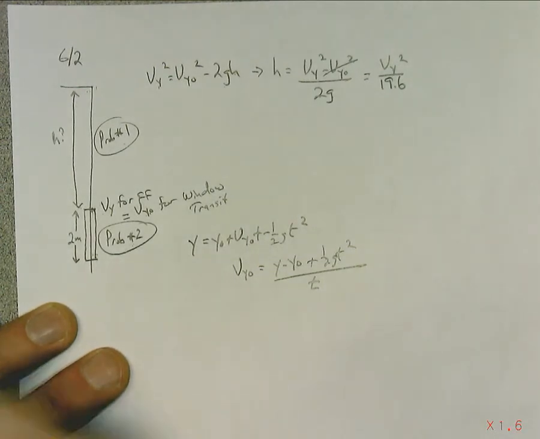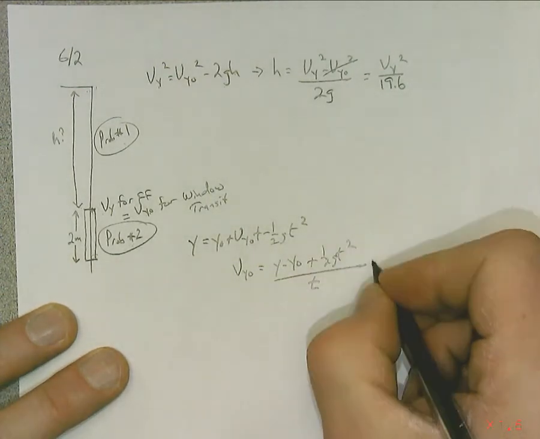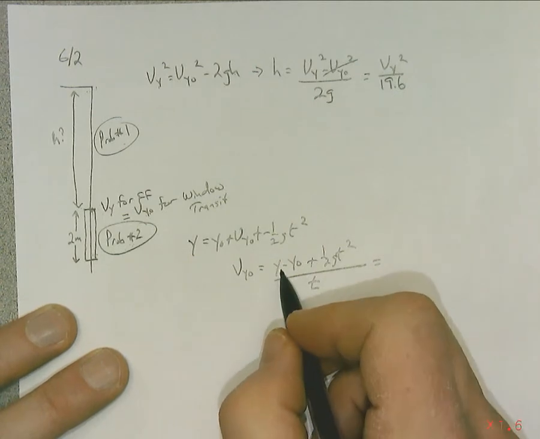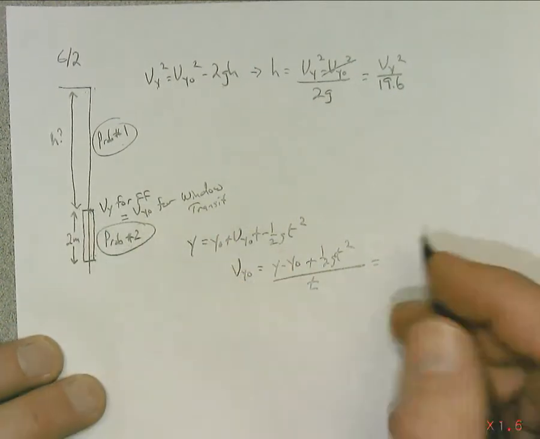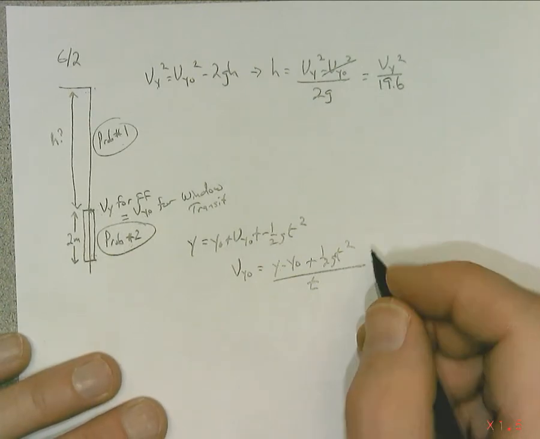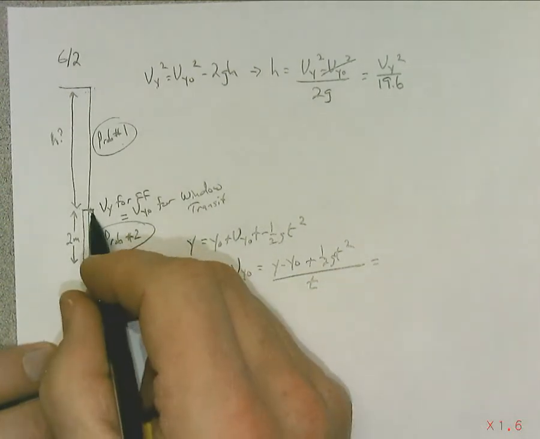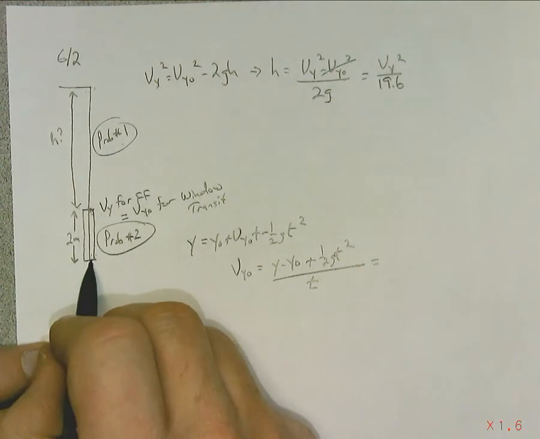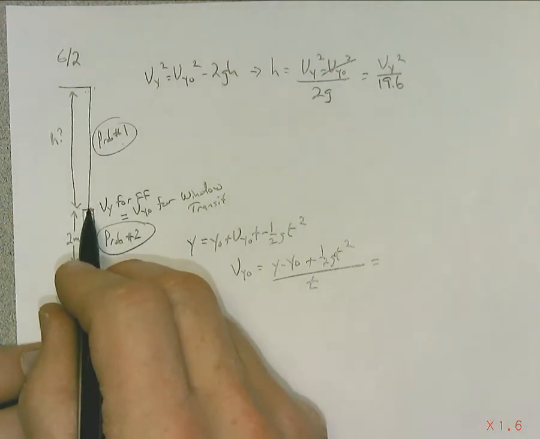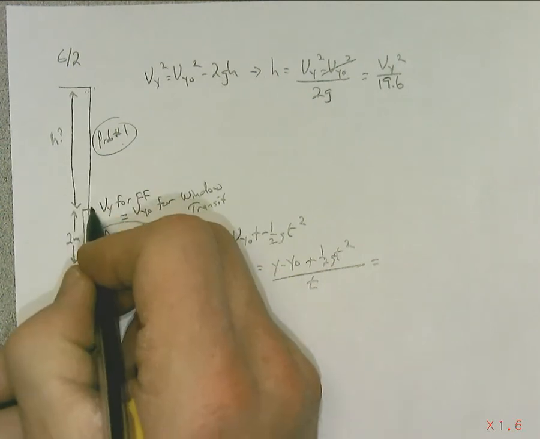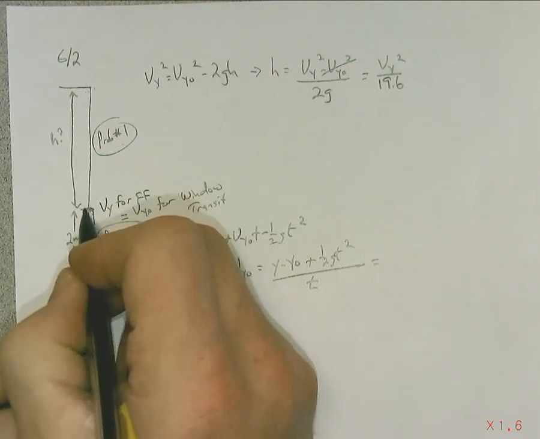All right, so let's see what we know about that. This is just for the window now. Problem number 2 is just for this 2 meter window. So the final position of the window, you could say, is minus 2. The initial position of the window, you could say, is 0, because that's how I start my problems, with the initial position being 0.